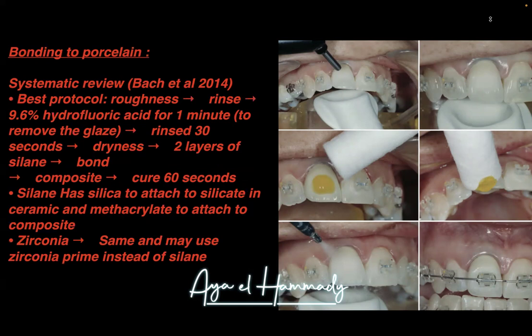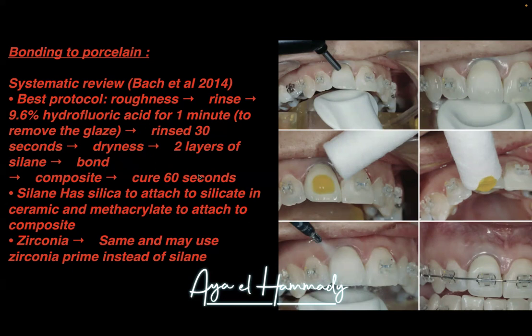How am I going to bond to the porcelain? If I have a crown, first of all, I'm going to do some roughness on the porcelain and use 9.6% hydrofluoric acid for 1 minute to remove the glaze after I do the roughness. I'm going to rinse for 30 seconds, dry, and here the material we are going to use instead of the bond is called the silane bond.